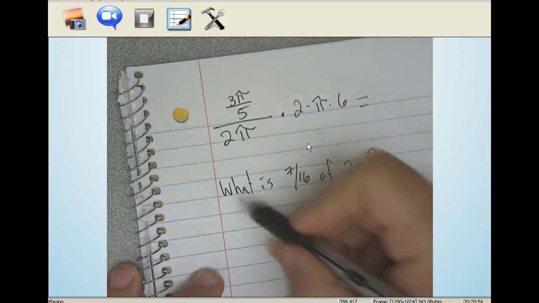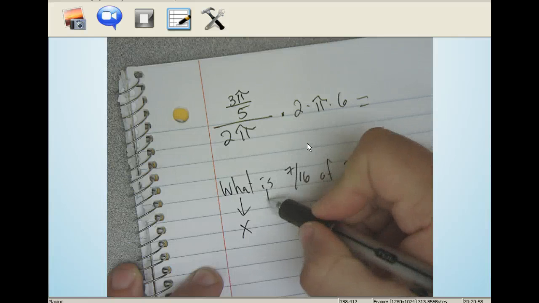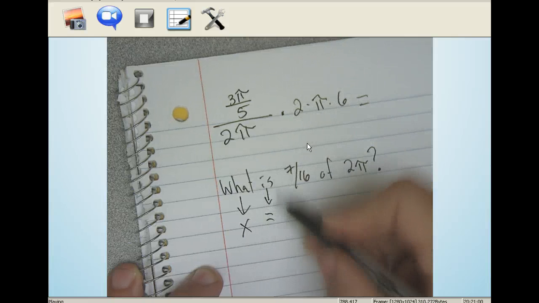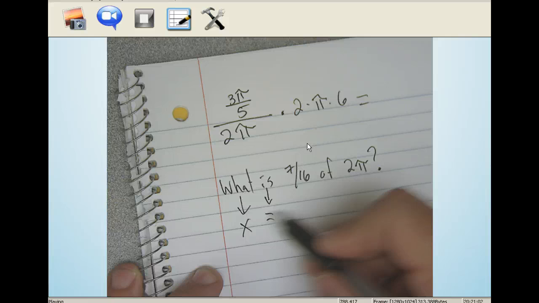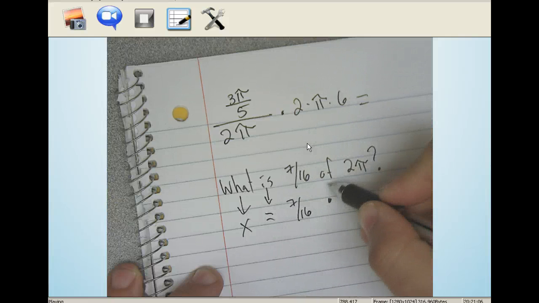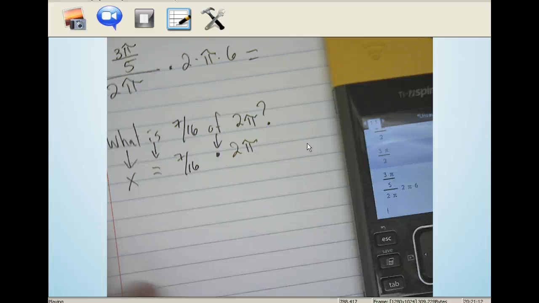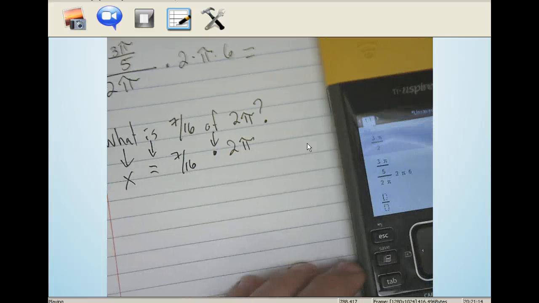Then we translate this. What is the unknown? We're going to call that x. We use equals for "is" because it defines things. So x equals 7/16 times, we use times for "of" in this case, 2 pi. We're just going to put it into our calculator, control divide, 7/16 times 2 pi.